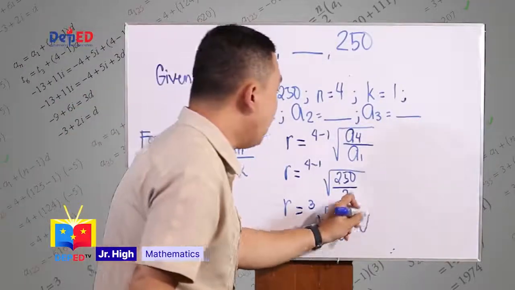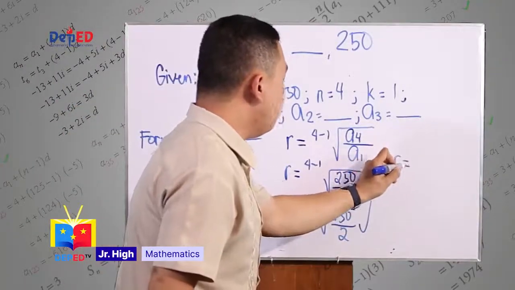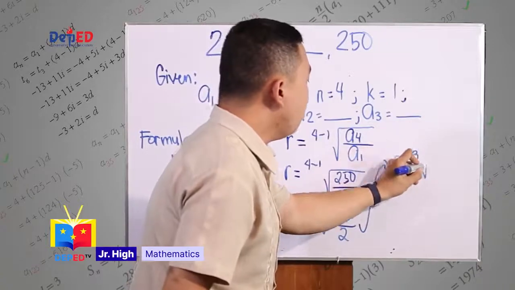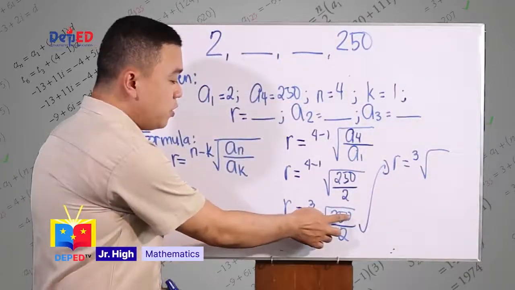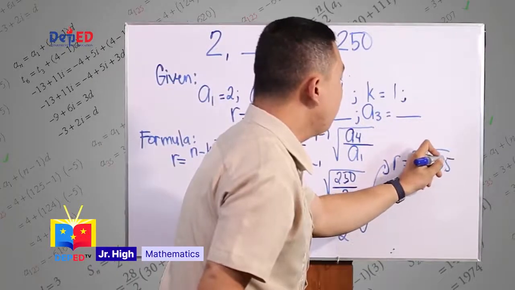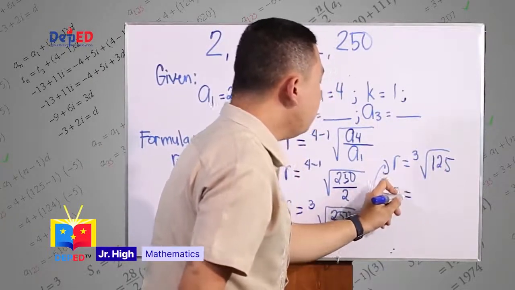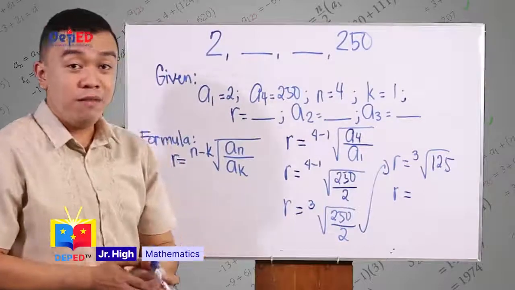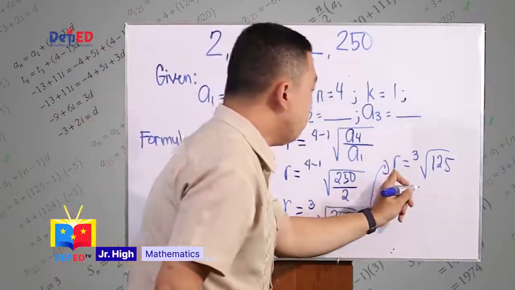Next, we will have r is equal to the cube root of 250 divided by 2 will give us 125. Getting the cube root of 125, that is equal to 5.